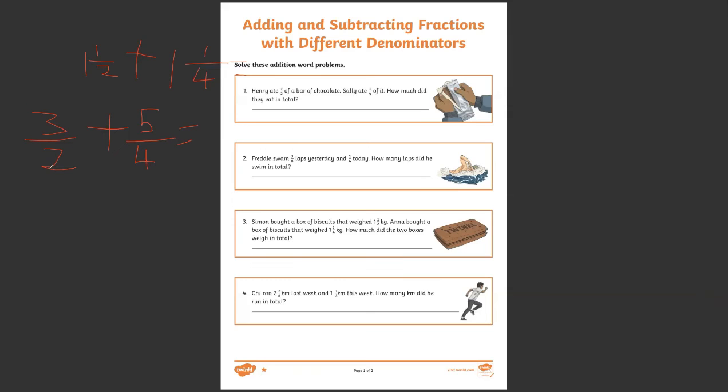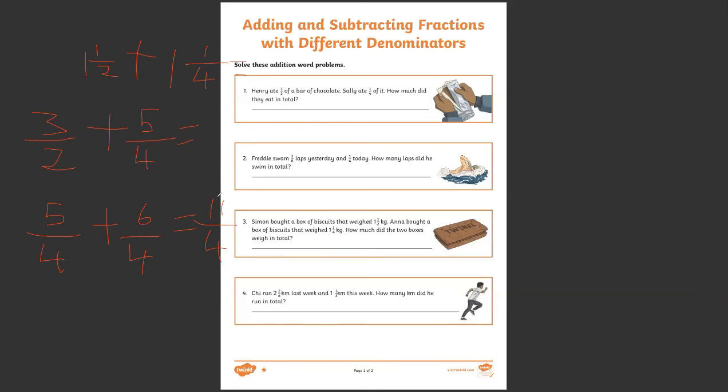Both we know are in our 2 times table, and we know that the quarter is bigger, so we're going to change it into a quarter. And then we divide the bottom times the top. So we've got 2 times 3 is 6, and we have 11/4.